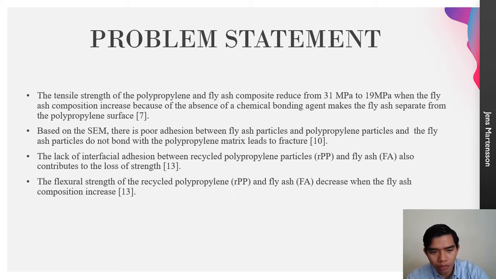The lack of interfacial adhesion between recycled polypropylene particle and fly ash also contributes to the loss of strength. And lastly, the flexural strength of the recycled polypropylene and fly ash decreases when the fly ash composition increases.